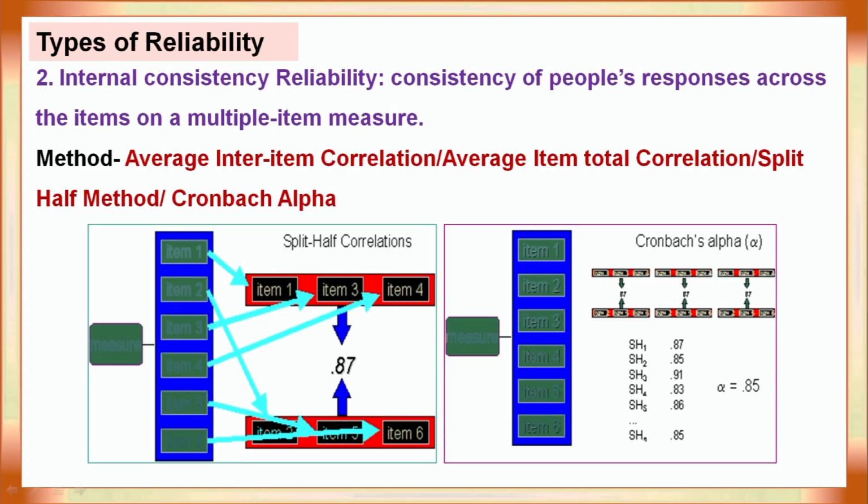Now if you consider all the possible combinations of split halves from all the items, and mathematically calculate that correlation, that is basically Cronbach's alpha. So, Cronbach's alpha is mathematically equivalent to all possible combinations in split half reliability calculation.